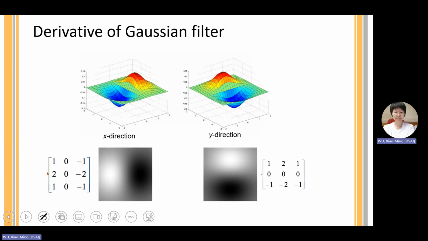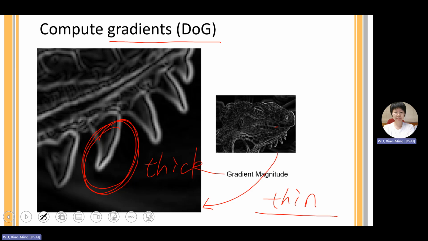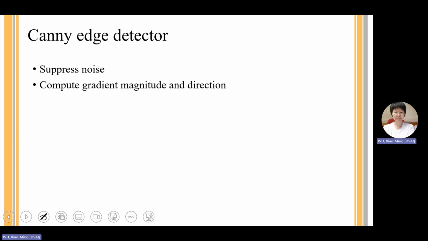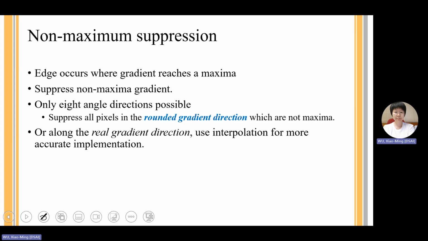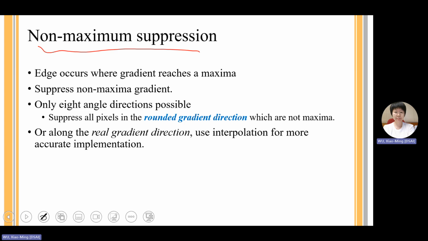These are the derivative of Gaussian filters we have seen. And then we compute the gradient map. This is the thick edge problem, or multiple response problem. Now how can we do thinning or non-maximum suppression? We can do it in two different ways.